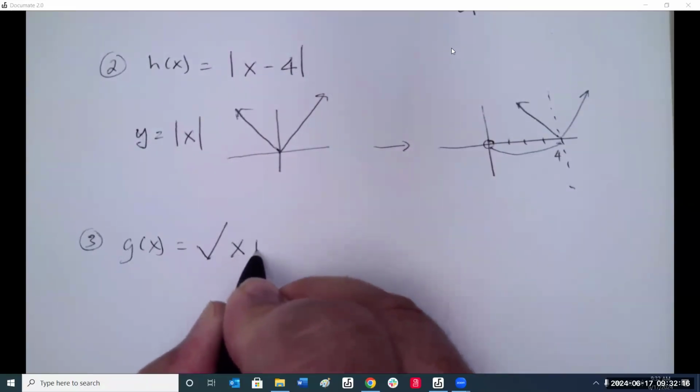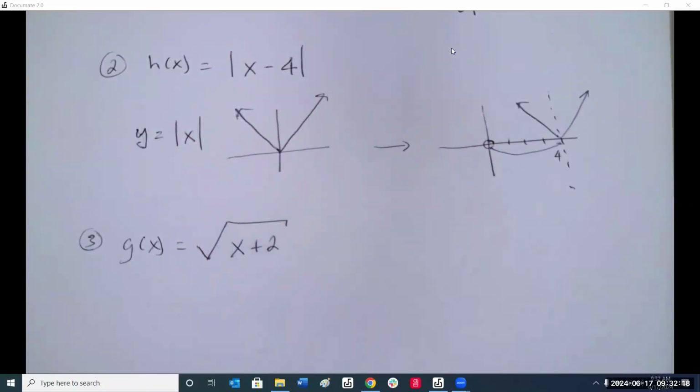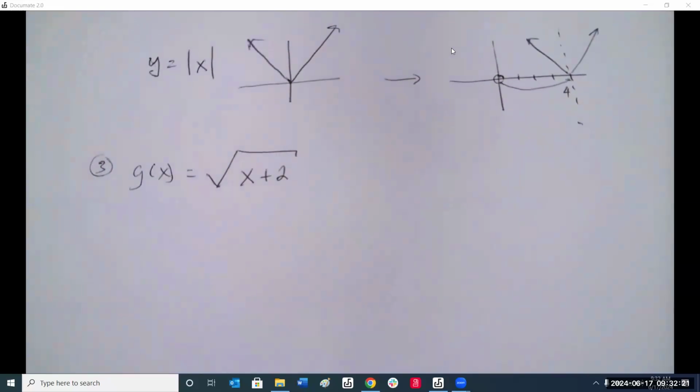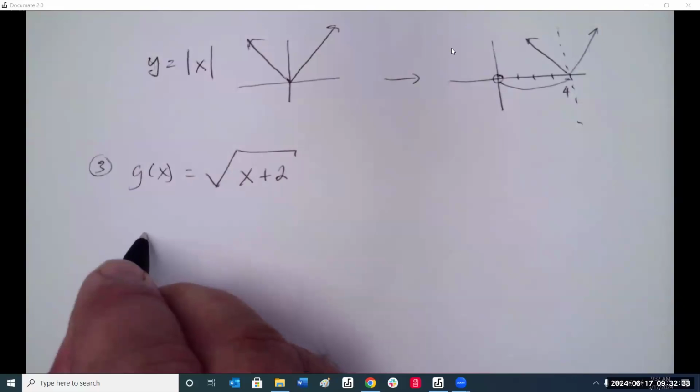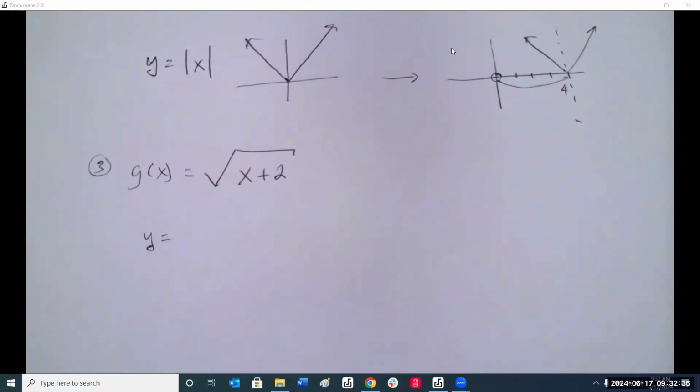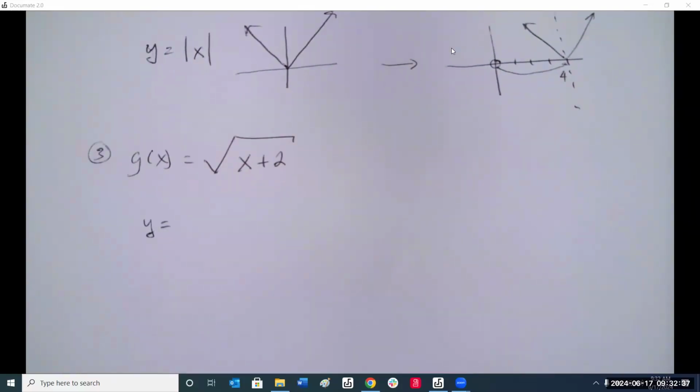Square root of x plus 2. What's the original function? Easiest way to do that is get rid of all the numbers. That tells you the original function.